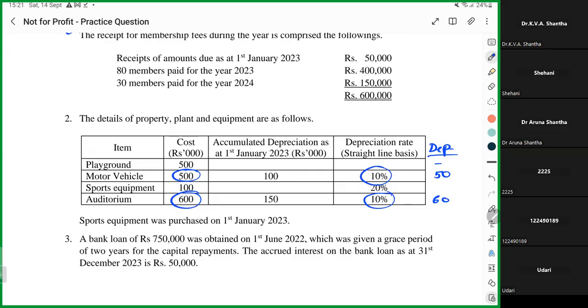Sport equipment, 100, purchased on 1st January, at the beginning of the year, so we can give the annual depreciation, 20%. So 100 into 20%, 20.